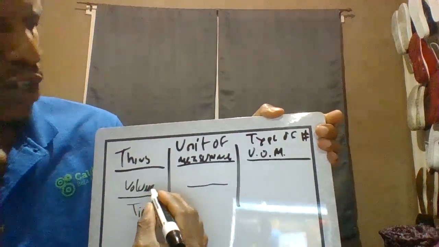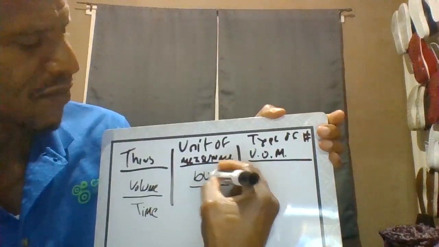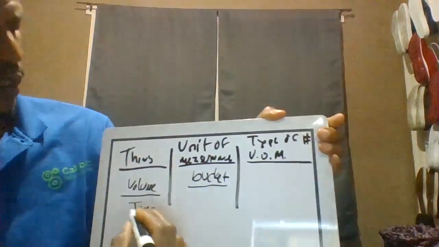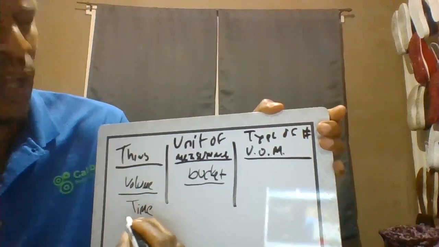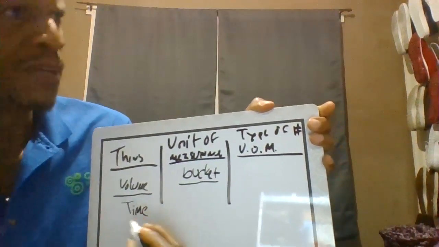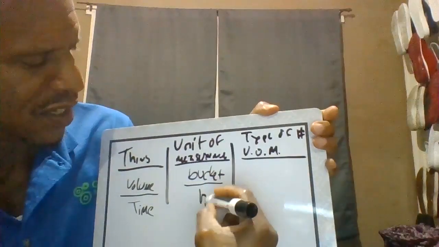What volume are they talking about? The bucket has the volume. What unit of measure are they using for time? A minute, a second? Nope, it is 1 hour.